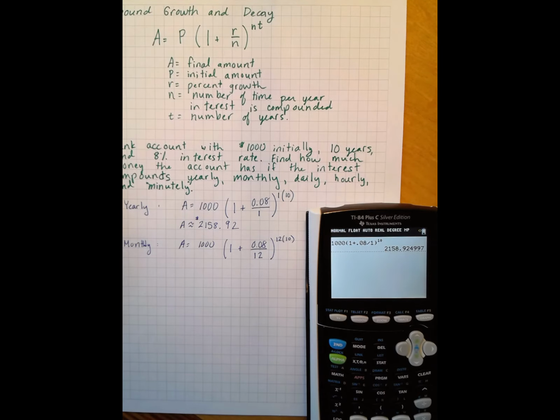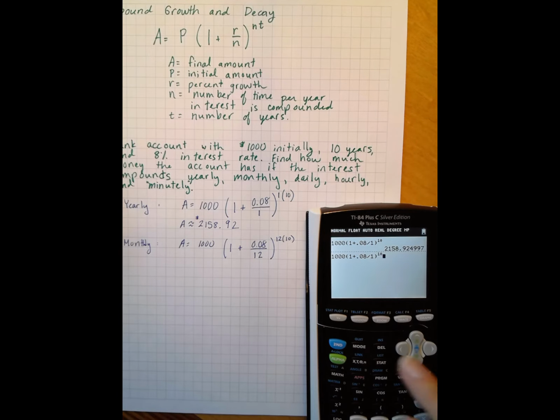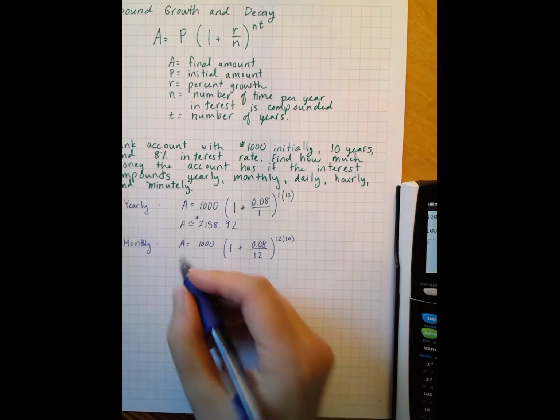If I go to second entry, the entry I just had gets placed in here. And I want to insert and turn that 1 into a 12, and then my power is now 10 times 12.